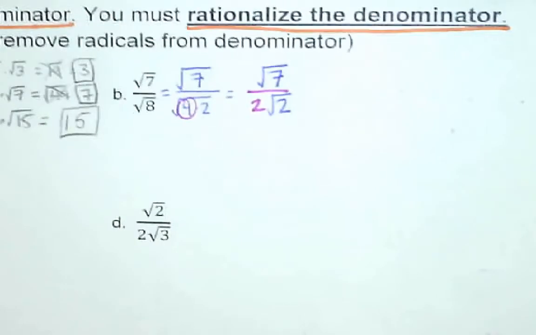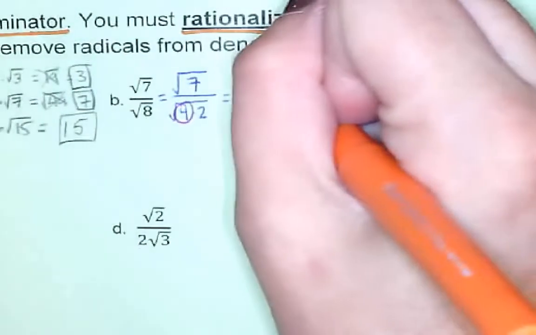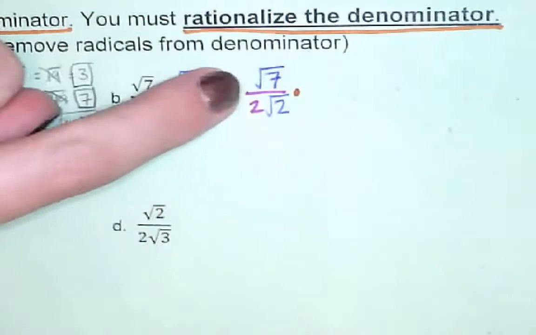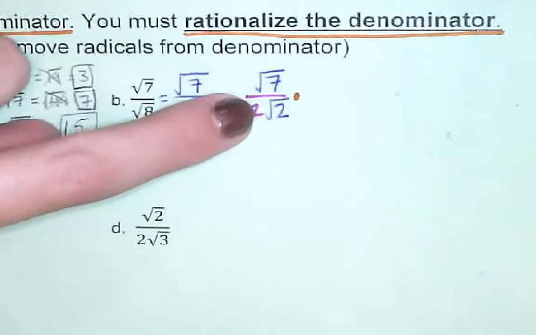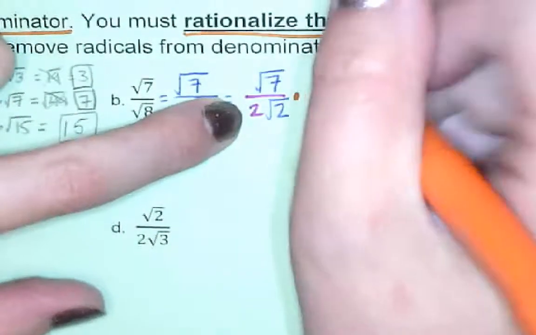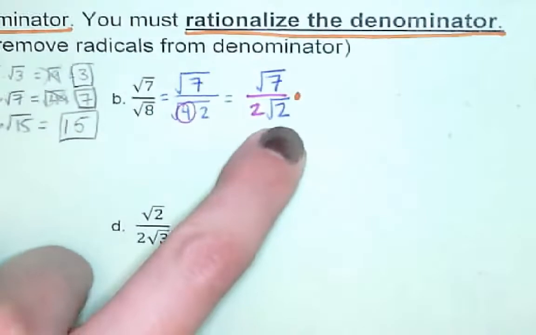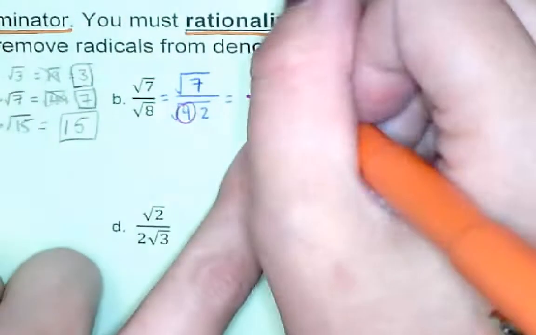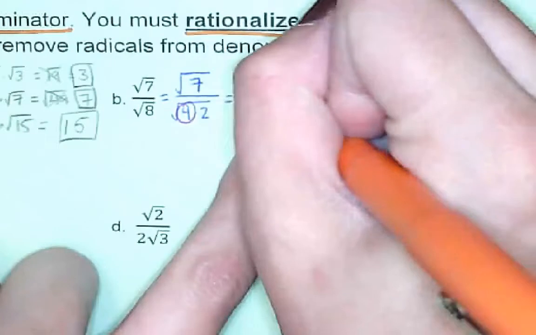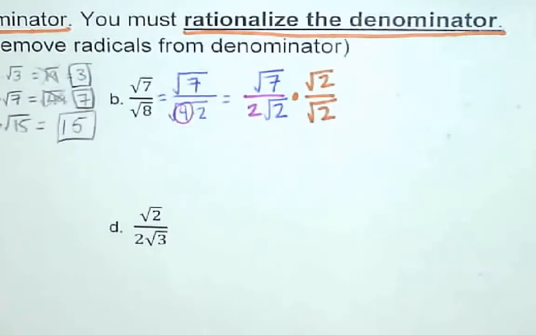Now, what do we need to multiply? Do we have any problems here? Square root of 7 looks good. Square root of 2 is nice and simplified, but we have a radical in the denominator. So how are we going to get rid of that radical in the denominator, y'all? Square root of 2 over square root of 2. Are you guys comfortable with that?